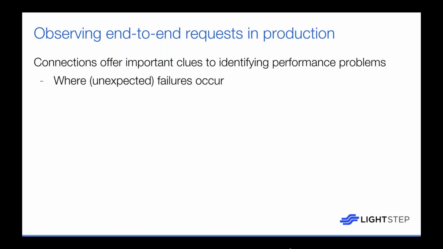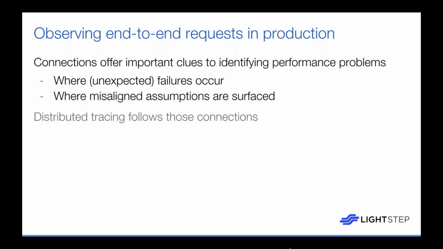They can tell you where you might have misaligned or misunderstood assumptions, where you might have version mismatch. Distributed tracing is going to follow those connections, and it's going to put those individual requests in context. Like I said, it's important to look at ones that are going badly, like my 17-second request, but also ones that are going all according to plan.